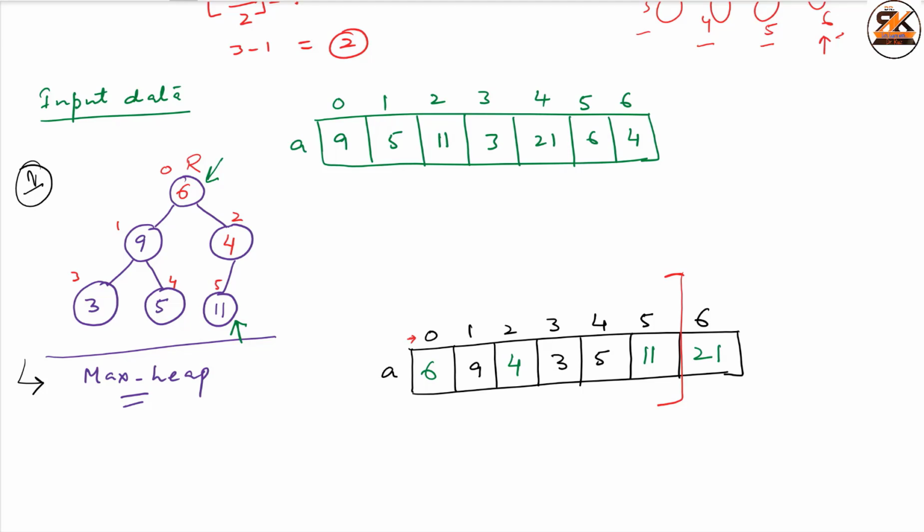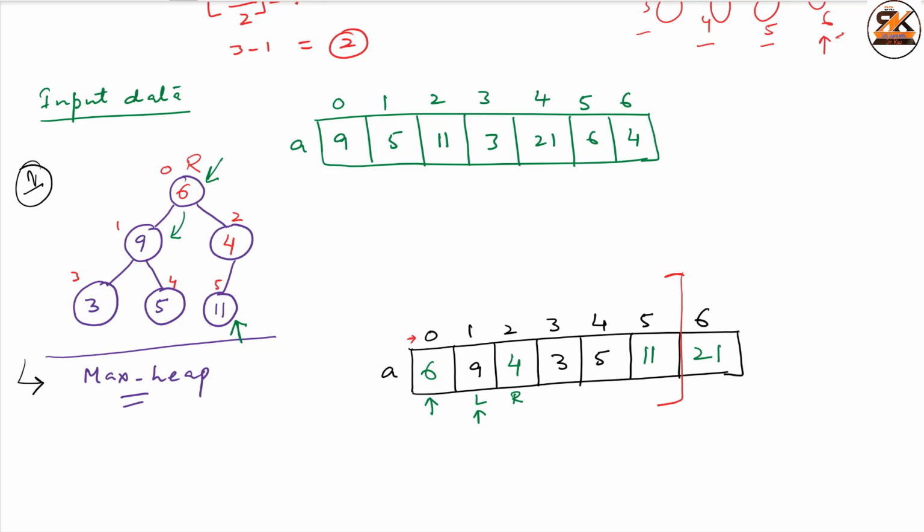Fine. And now again, what we see here, this is the root and we have to find its children. This is the left child, this is the right child. Okay, we see this left child has a value greater than its root, so we have to exchange these elements.